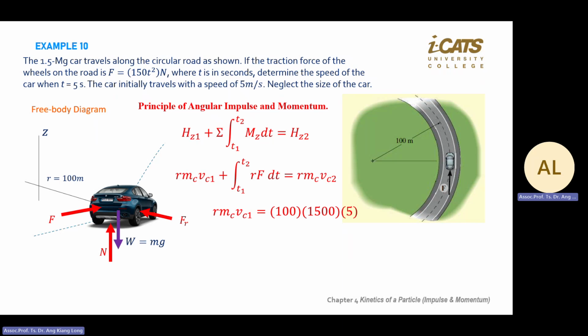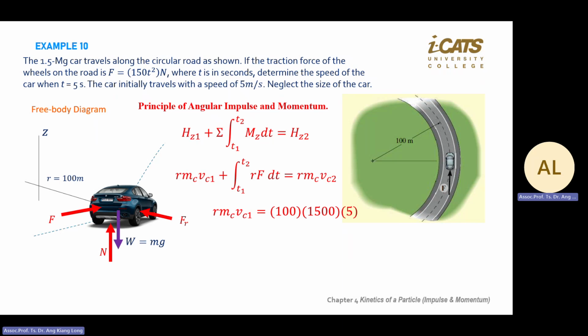You integrate 150 T squared and you get 150 T cubed divided by 3. V2 you need to find. Time is given, 5 seconds, so 0 to 5.